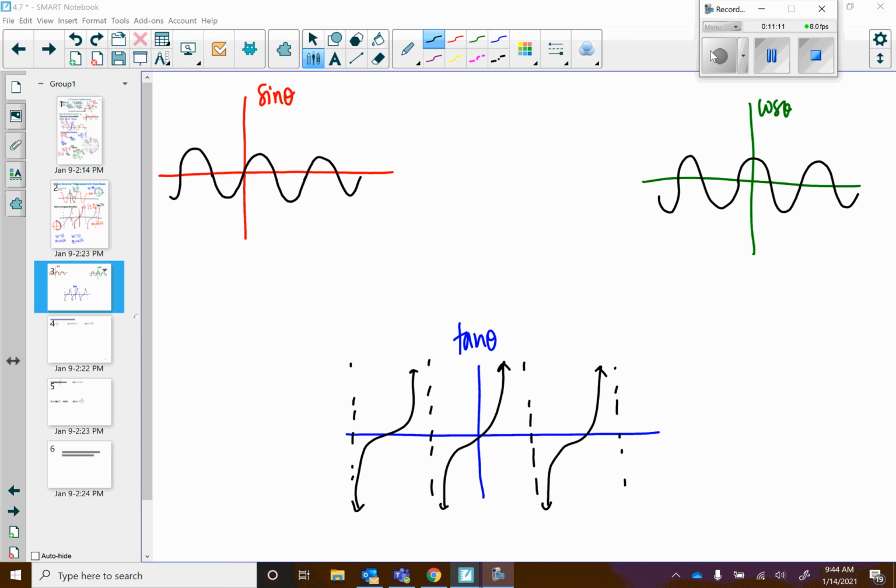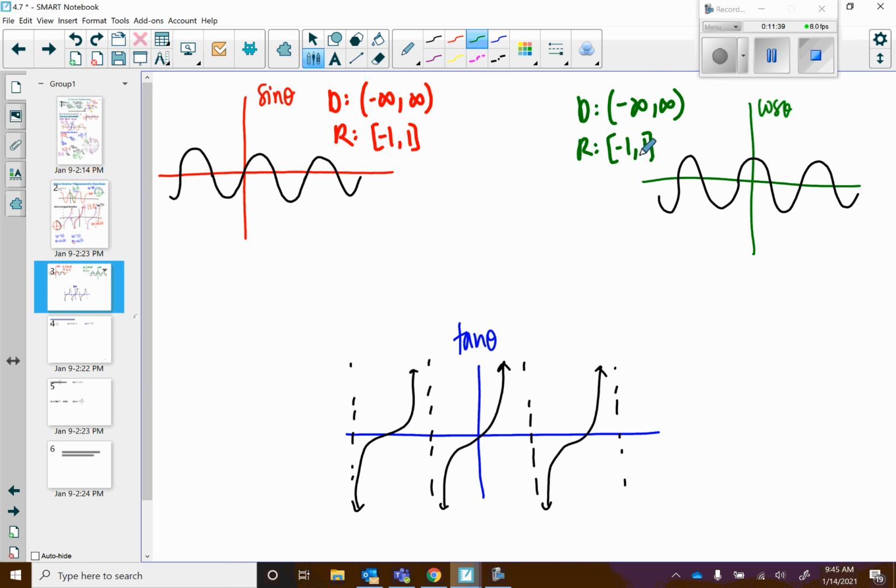The last little bit I want to talk about is just to reiterate again what's happening here and remind ourselves of some domain and range things. So the graph of sine, the original graph, has a domain of all real numbers and a range from -1 to 1. The domain and range of cosine, -infinity to +infinity, and -1 to 1. And then the domain of tangent is a little bit more tricky, right?